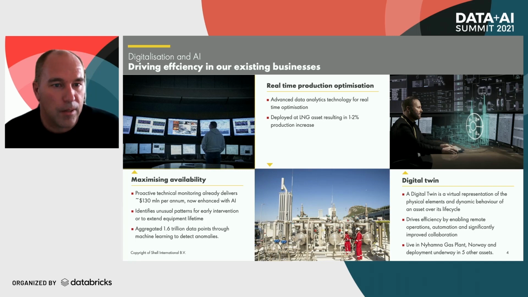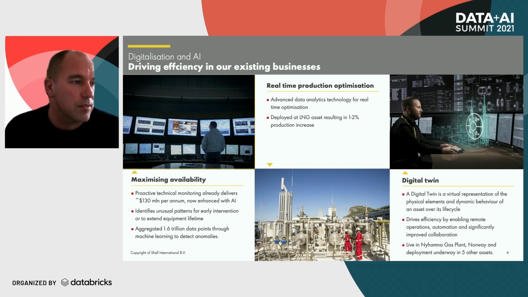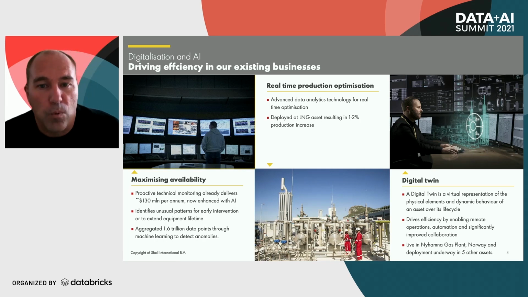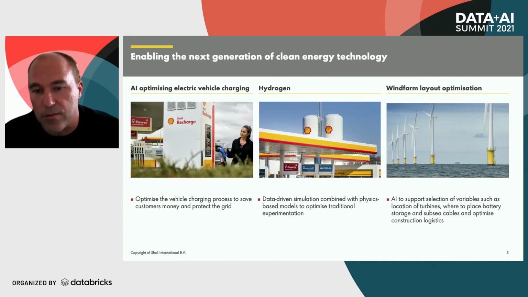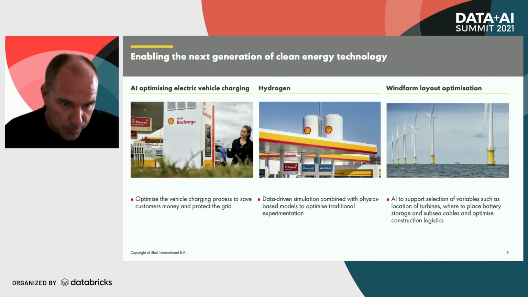So in our existing business, there is a lot of work that we need to do to deliver the data to these applications. Additionally, we also need to look at the next generation of clean energy and where we're going with that. Shell offers customers over 165,000 charge points around the world, and it makes Shell one of the largest electric transport solutions in the world.